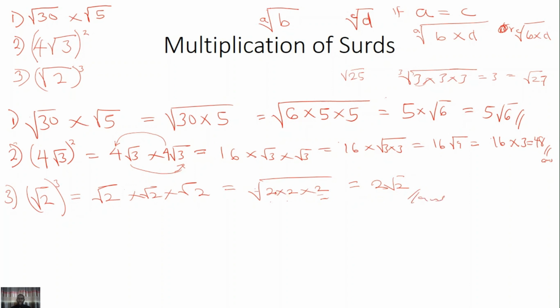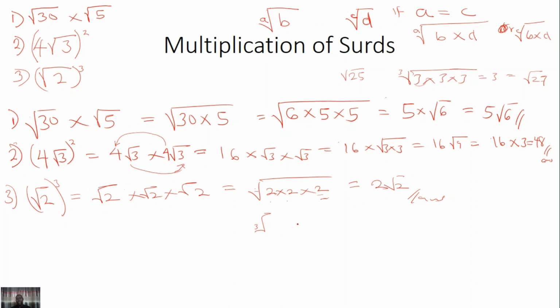The same rule that you use here, that when a number multiplies itself two times under a square root, you can just take one of those numbers and cancel the square root. The same way, when a number multiplies itself three times under a cube root, you can just cancel two of those numbers and the cube root itself.